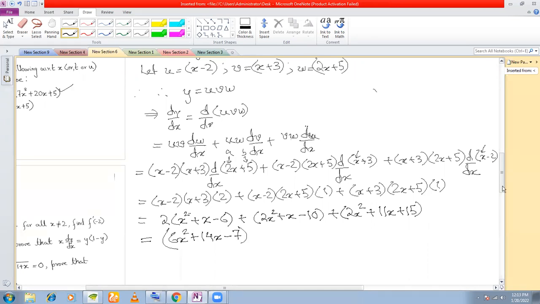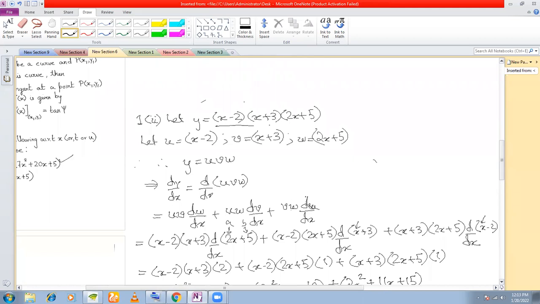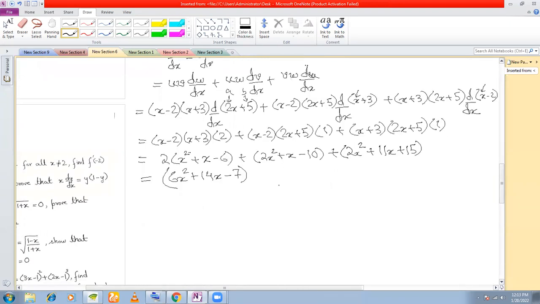Now, as I told you, whenever you get a product of polynomials, it always becomes easier to multiply the polynomials first and then differentiate. So this was the demonstration of the UVW rule. However, if you want to multiply the polynomials, which is definitely an easier way, you can multiply these 3 polynomials, x minus 2, x plus 3 into 2x plus 5, to get your resulting polynomial as 2x cubed plus 7x squared minus 7x minus 30.